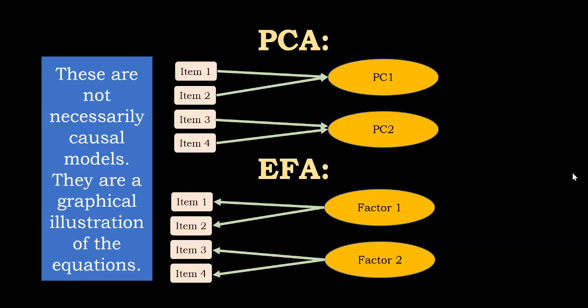In exploratory factor analysis we've got the arrows from the factors to the items, but this shouldn't be taken as a causal model. These are graphical representations of statistical models.